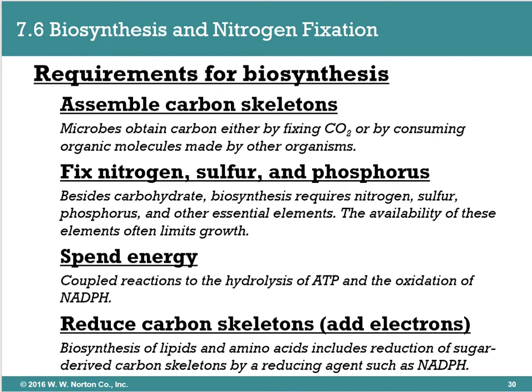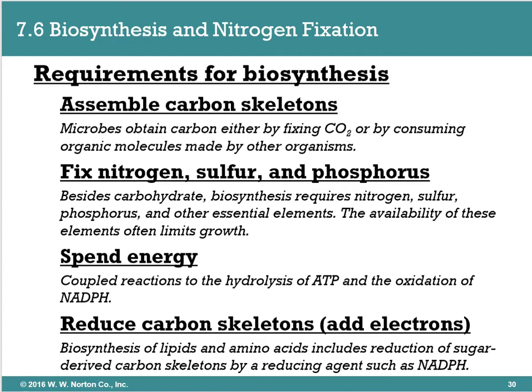Whether they make it themselves or consume it from others, carbon just has to be present. They also have to be able to fix nitrogen, sulfur, and phosphorus. So other than carbon, they need nitrogen, sulfur, and phosphorus present in order to grow.